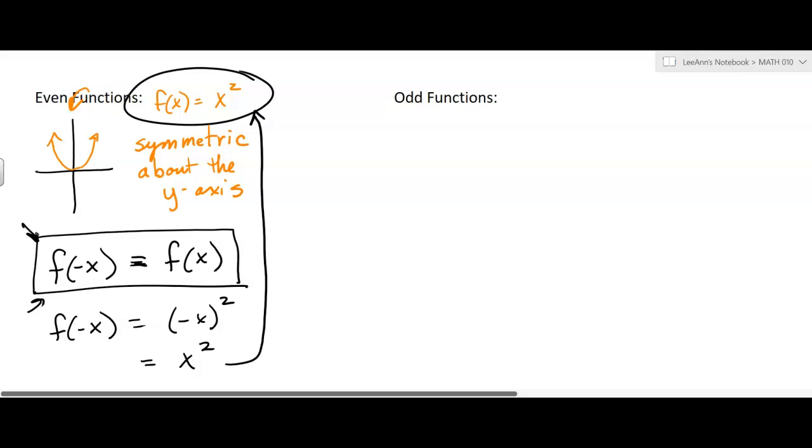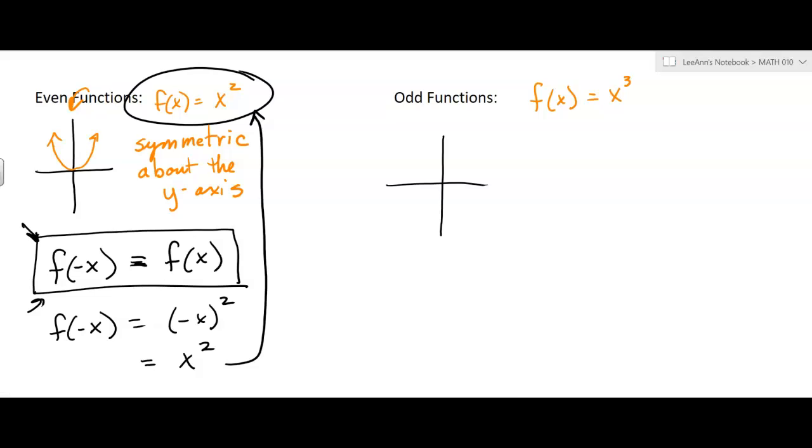Okay. An odd function. An example of an odd function is f of x equals x cubed, the cubic function. The cubic function looks like this.